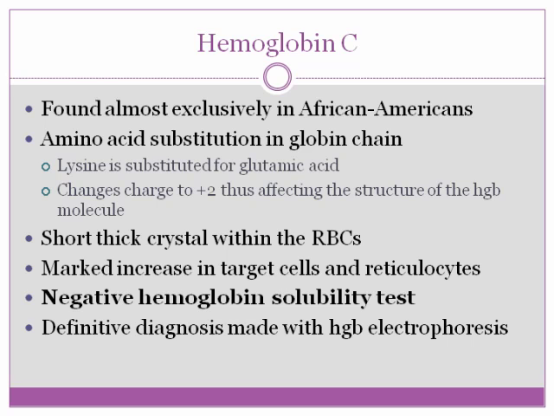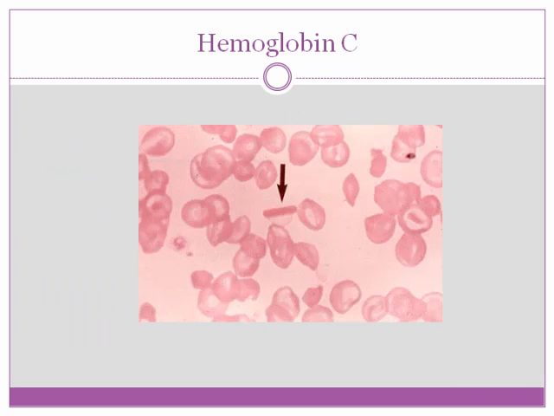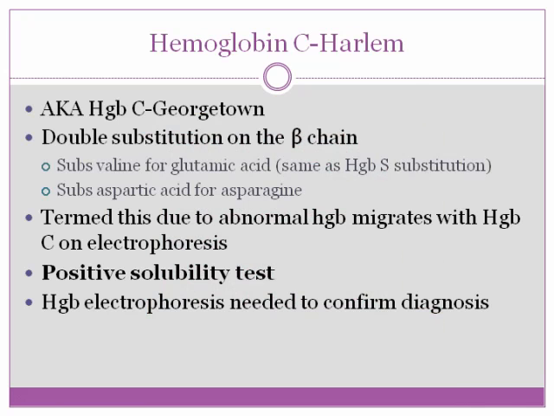And we can perform, again, hemoglobin electrophoresis to see the presence of hemoglobin C there. And so this picture is showing that hemoglobin C crystal, that short, thick, rod crystal that can appear in the red cells. There's another type of hemoglobinopathy that's a combination called hemoglobin C Harlem, otherwise known as hemoglobin C Georgetown, and we have a double amino acid substitution occurring.